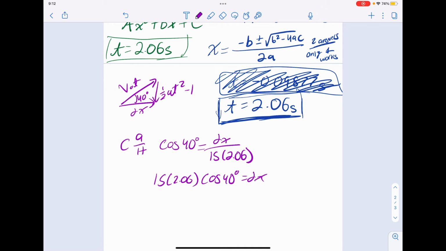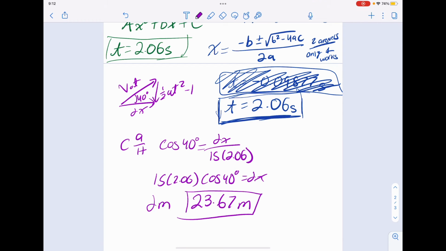Cosine 40 times 15 times 2.06. So our displacement in the x was 23.67 meters. That's our displacement in the x.